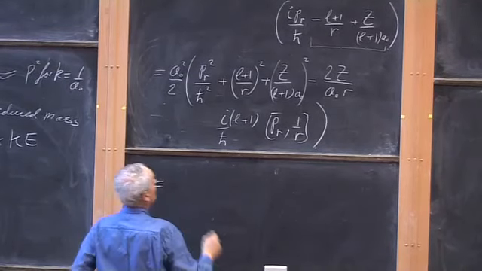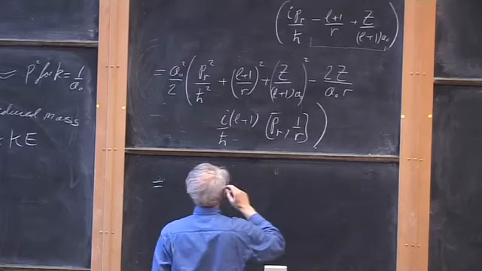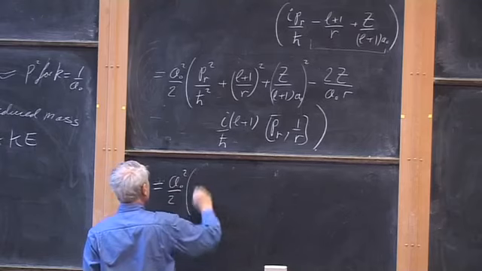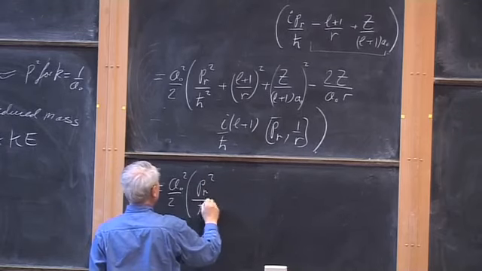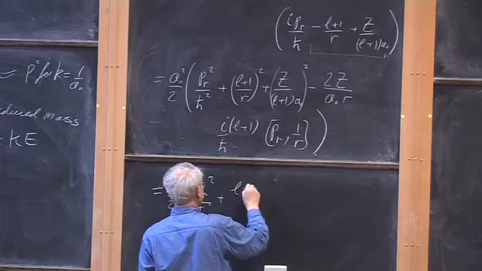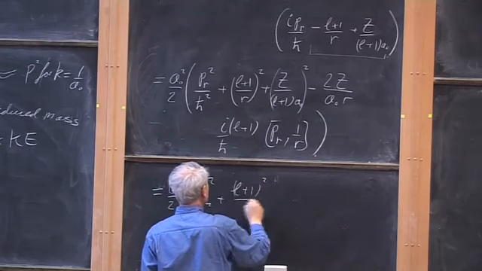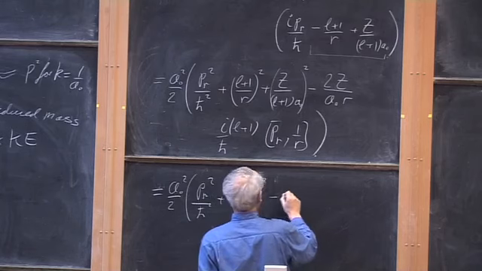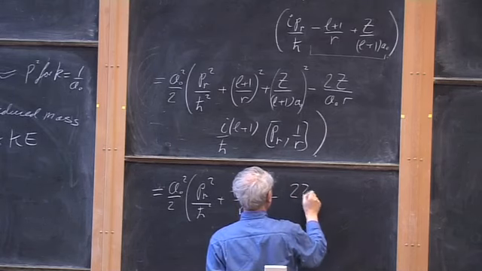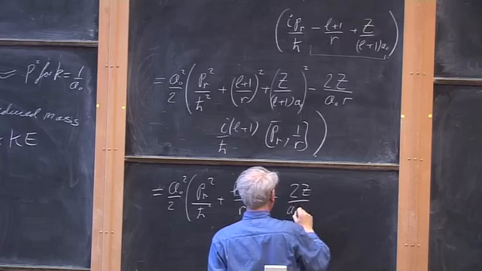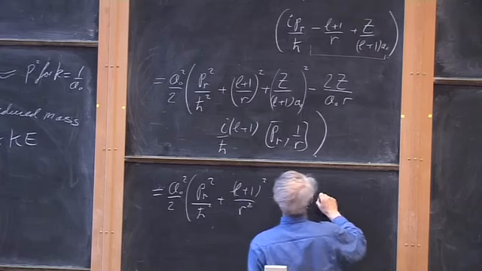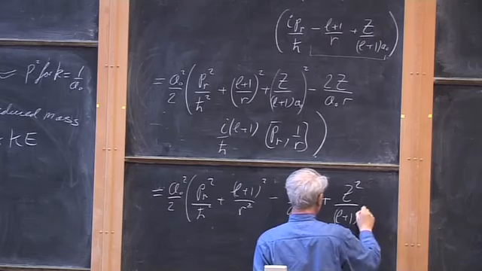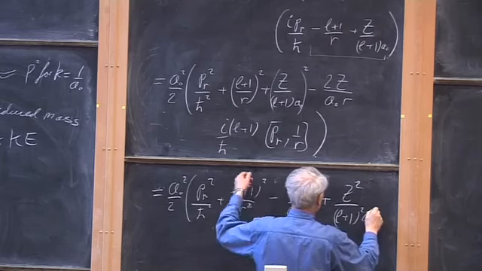So what is this going to come to? Well, let's rearrange things. a0 squared over 2, P_r squared over h bar squared, plus (l plus 1) squared over r squared, minus, I'm going to put this one down next, 2Z over a0 r, then this term plus Z squared over (l plus 1) squared a0 squared.